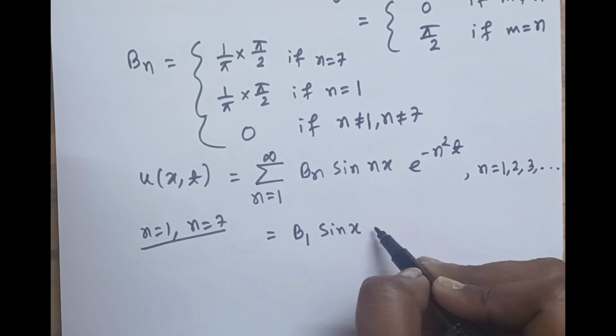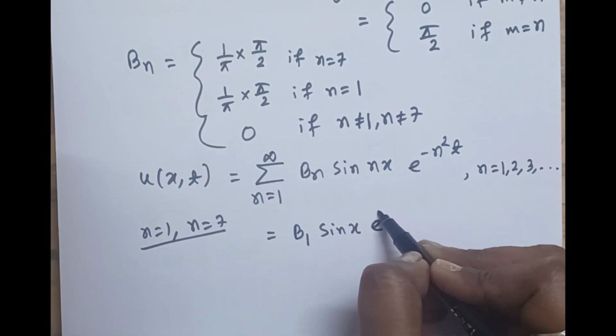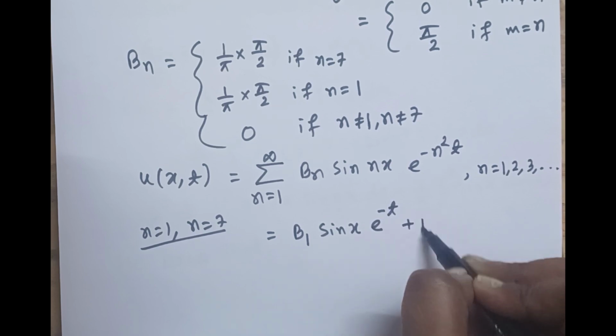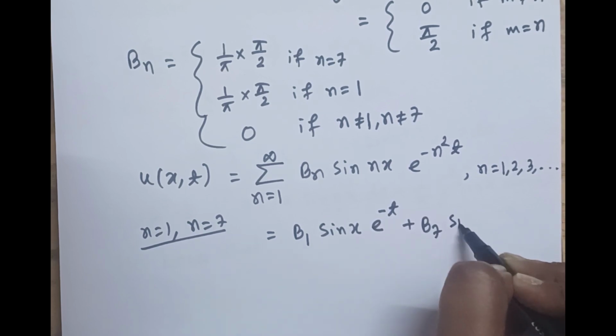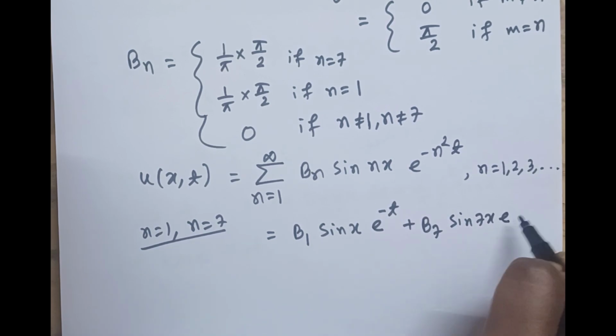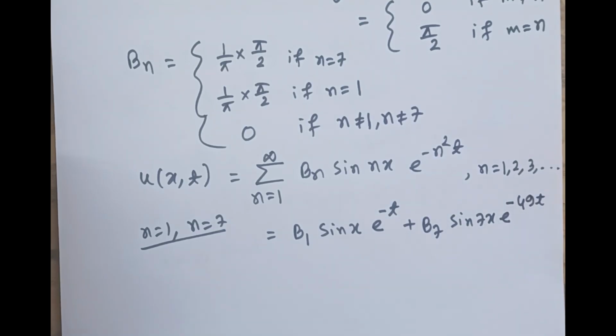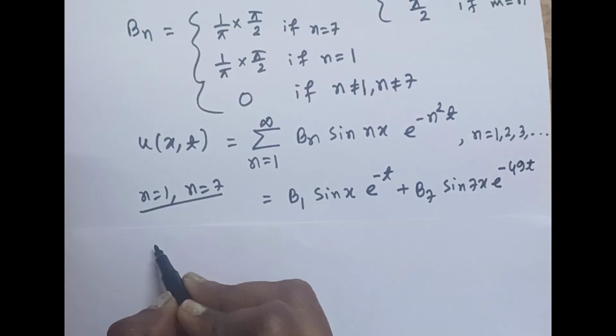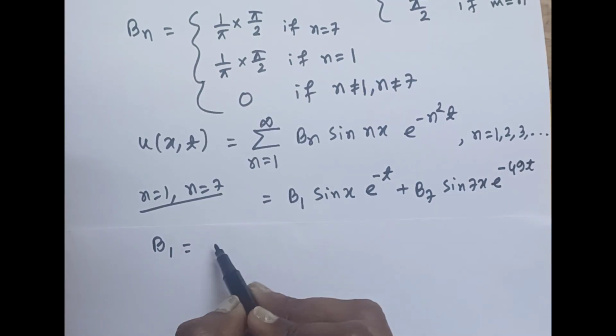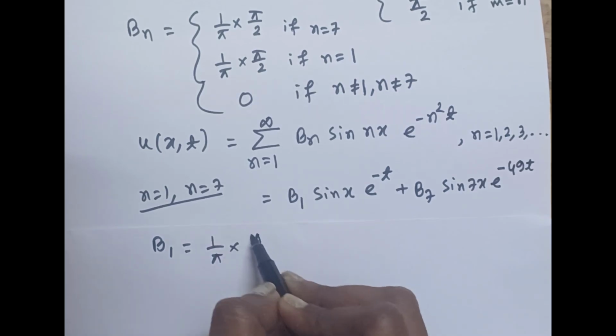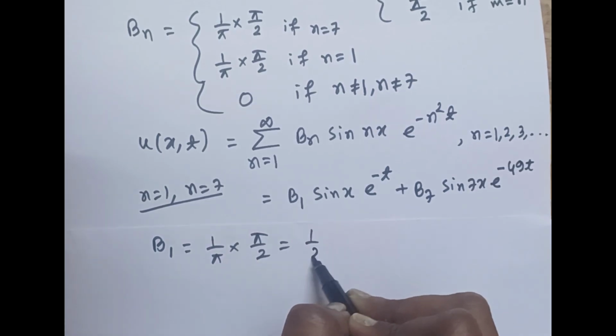So from here we can write b1 sin x e power minus 1 square t, that is e power minus t, and b7 sin 7x e power minus 7 square, that is 49t. And from the above we obtained the values of b1 and b7. What is b1? b1 equals 1 by pi into pi by 2, that is 1 by 2.